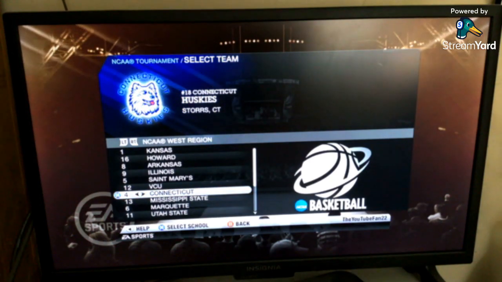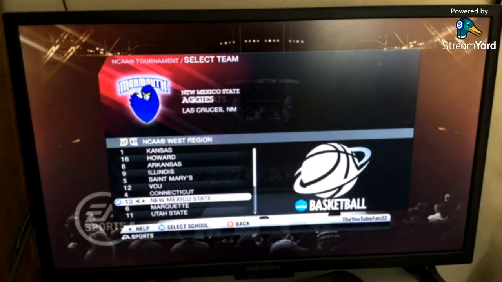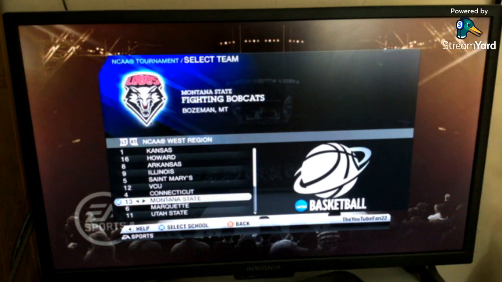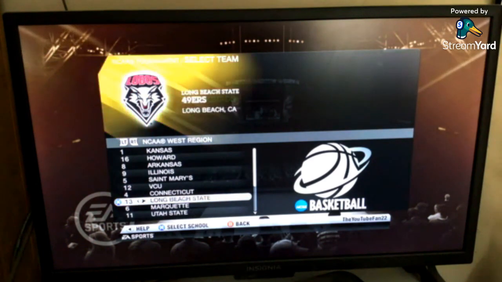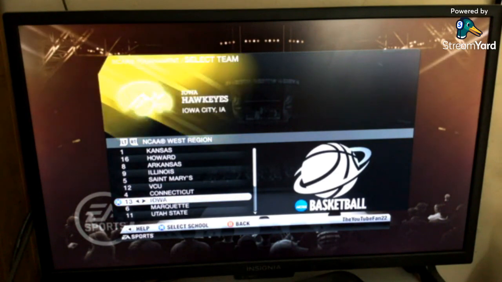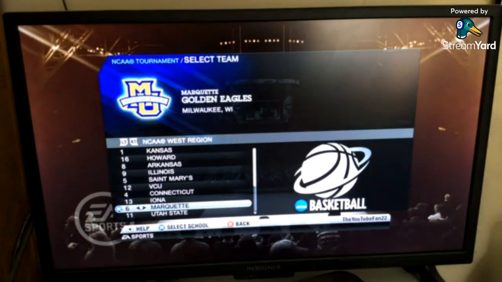And then number 13 is Iona. And then the next one is the 6th seed, and that is TCU.